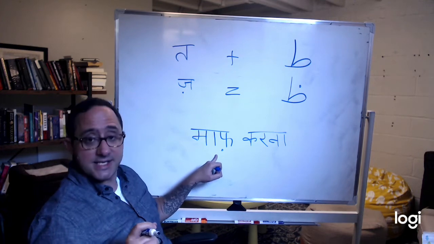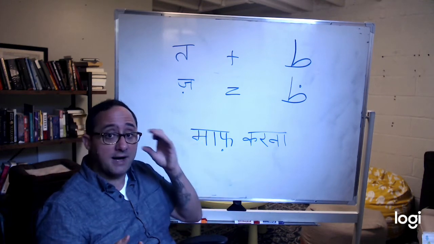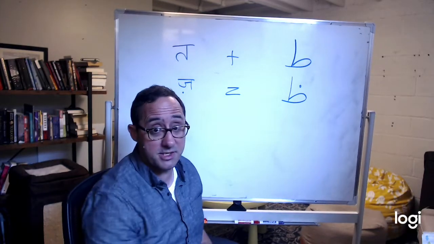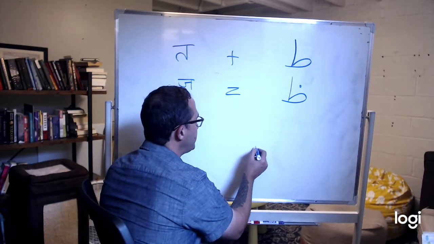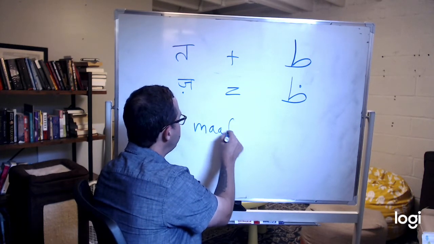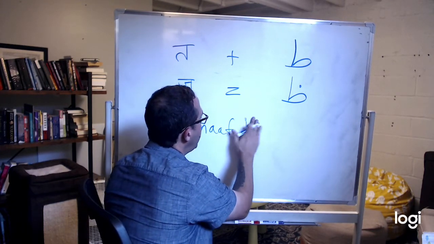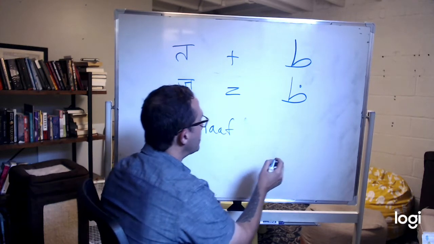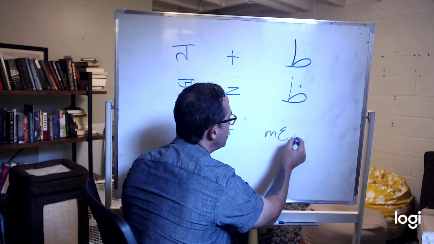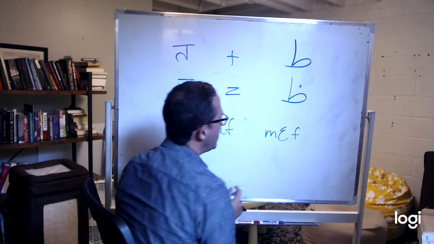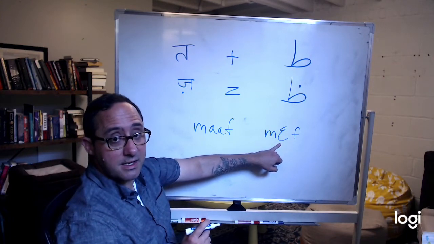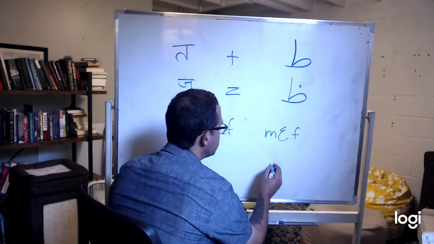This is from Urdu. Maaf karna comes probably from Persian, and instead of spelling it like in Hindi, maaf karna, in Urdu it's spelled with the ein. Maaf. This is the ah. It's spelled like this.